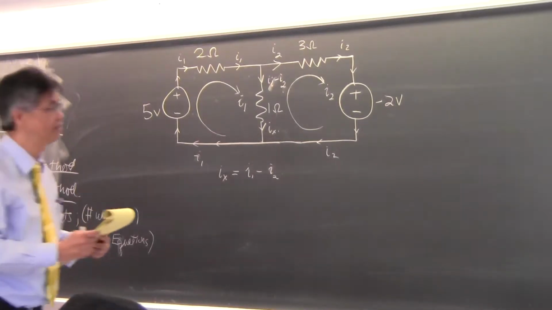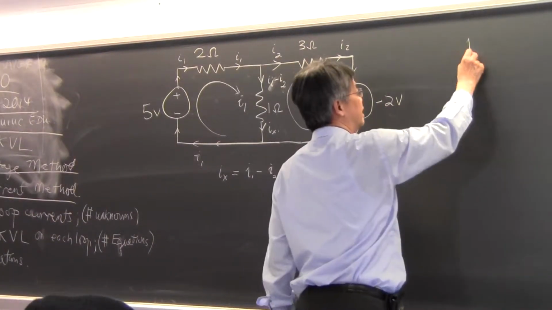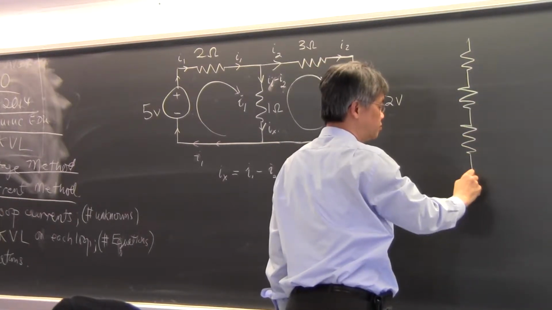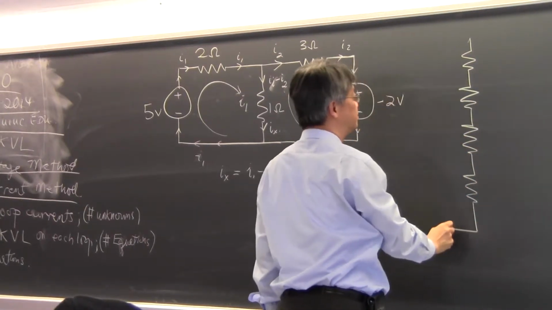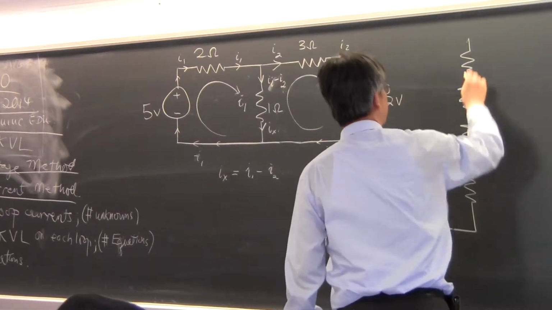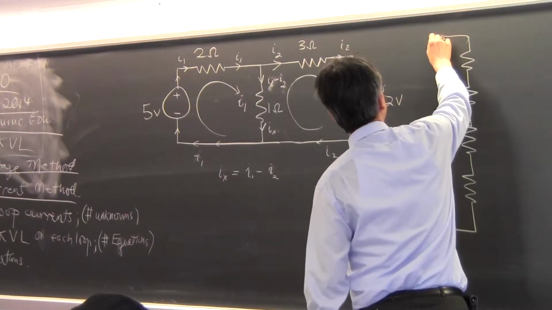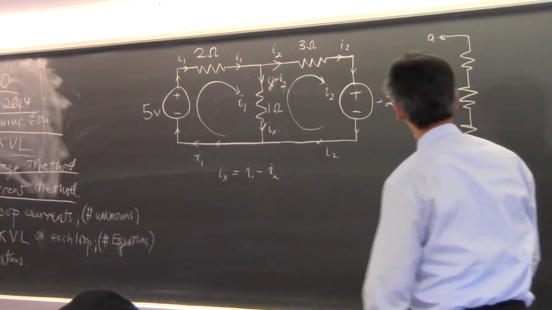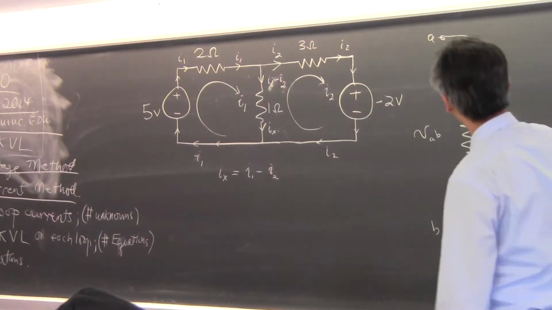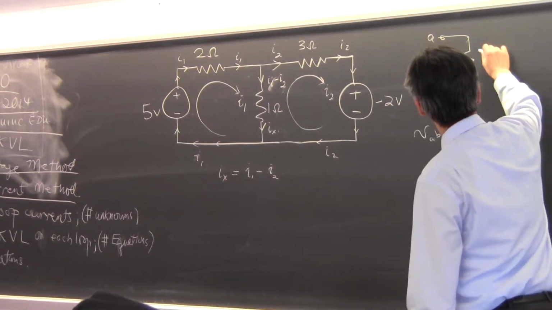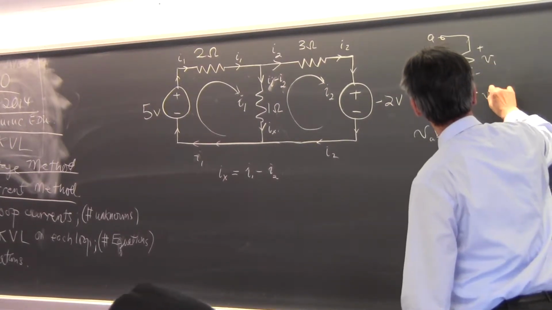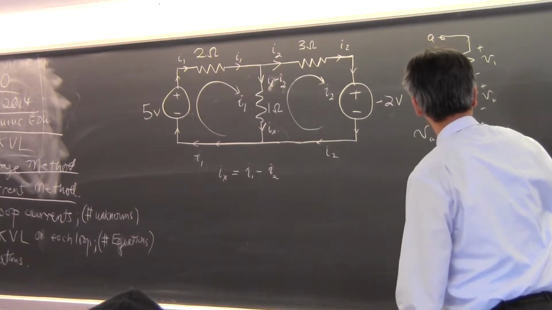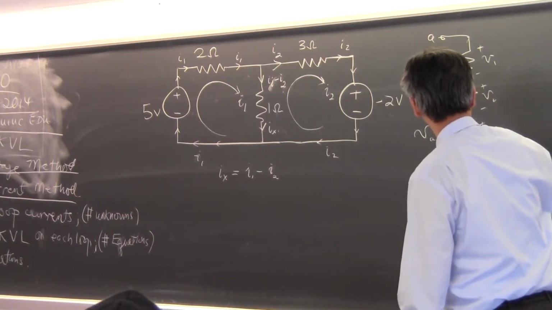Another way to apply Kirchhoff voltage law is that if I have a whole bunch of resistances hooked up together, I need not apply this on the loop, but if this is A, this is B, and the total voltage is VAB, okay, VAB is V1 plus V2 plus V3 plus V4.